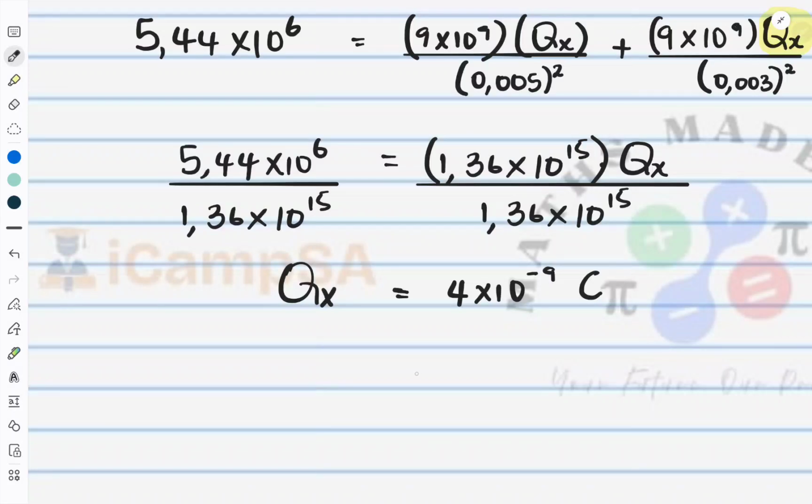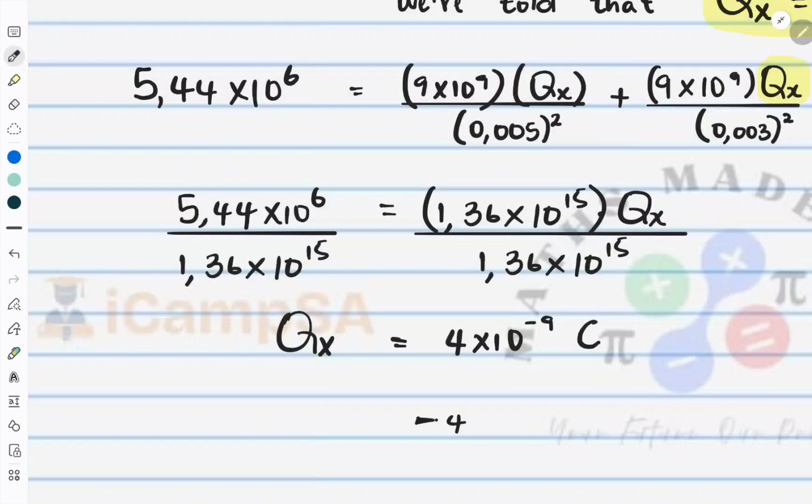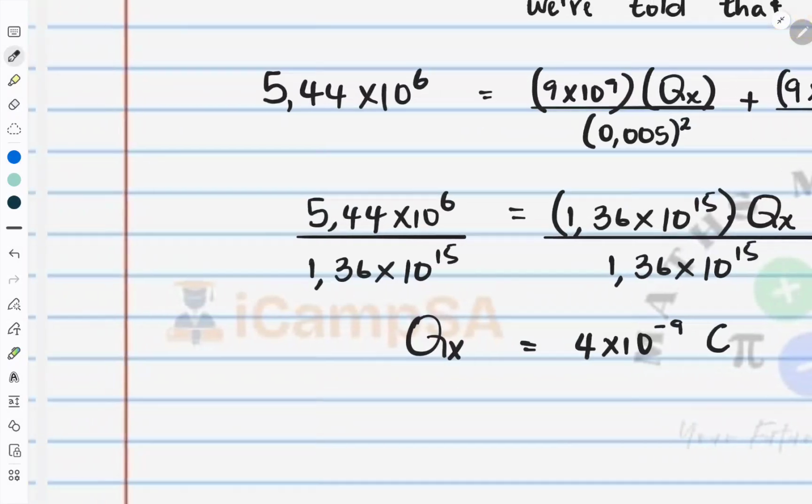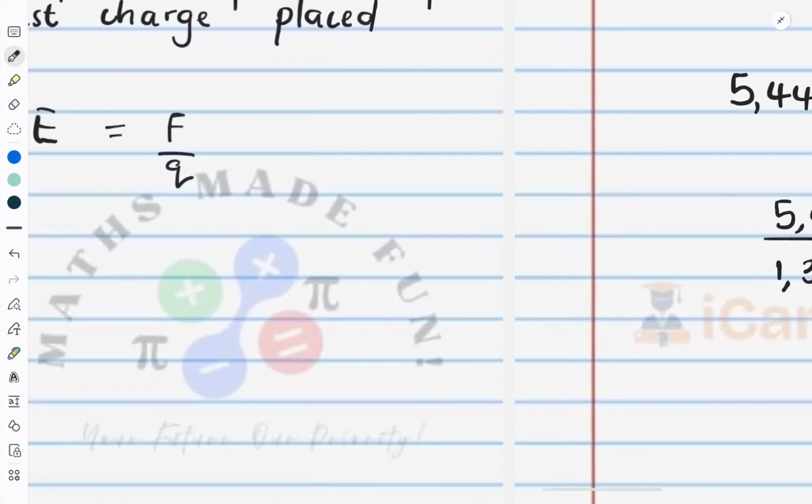But we know in actual fact that it should be minus 4 nanocoulombs, based on what we've been talking about, or how we answered the previous question. So this is how you would find qx. It's 4 times 10 to the power minus 9 coulombs.